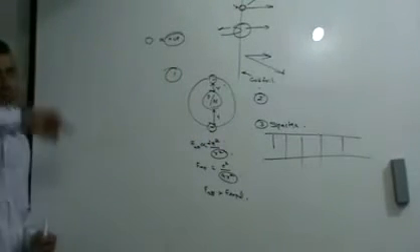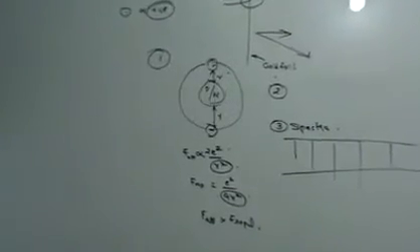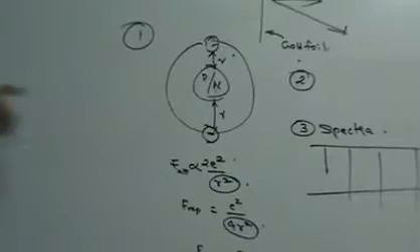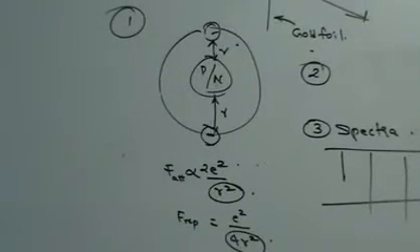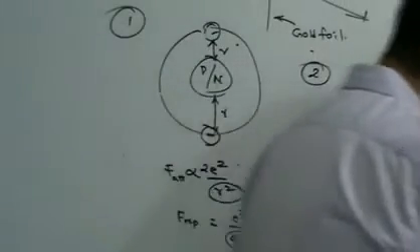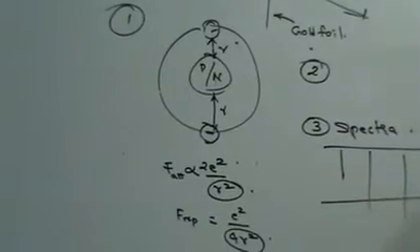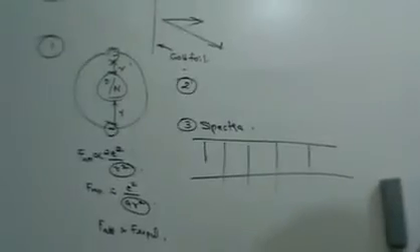According to Rutherford's theory, the electrons are moving in a circular orbit around the nucleus. If they are moving in a circular orbit, they should continuously give out kinetic energy. If they continuously give out kinetic energy, that means they should have a continuous spectrum. It is experimentally found that they do not have a continuous spectrum.